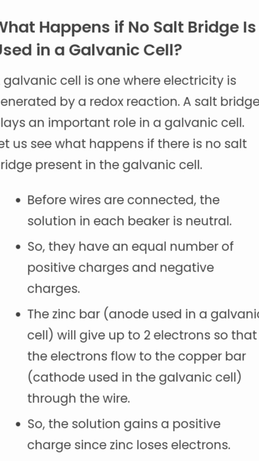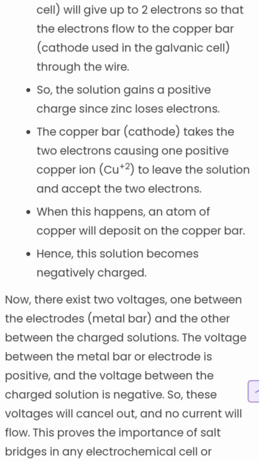Now there exist two voltages, one between the electrodes and the other between the charged solutions. The voltage between the metal bars or electrodes is positive and the voltage between the charged solutions is negative. So these voltages cancel out and no current will flow. This proves the importance of a salt bridge in any electrochemical cell.